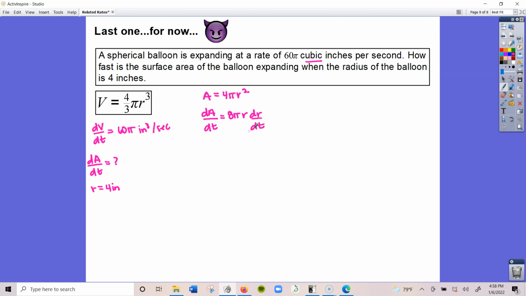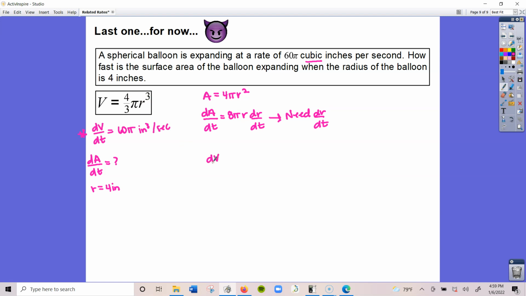Here, what I notice is that I have the radius, but I don't have dr/dt. That's exactly why we were given dV/dt. I probably am going to use this to figure out what is dr/dt. So in order to use this, that means I must need to use the volume of a sphere. So this is the equation for the volume of a sphere.